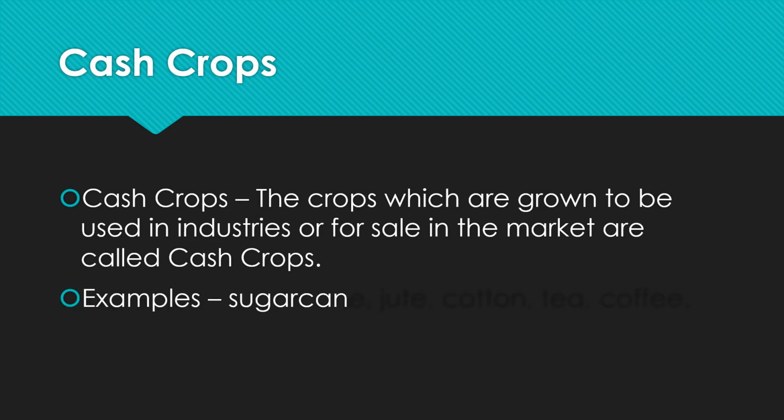For example, sugarcane, jute, cotton, tea, and coffee. All these crops are used in industries to make some other finished goods, and they are made for selling in the market.